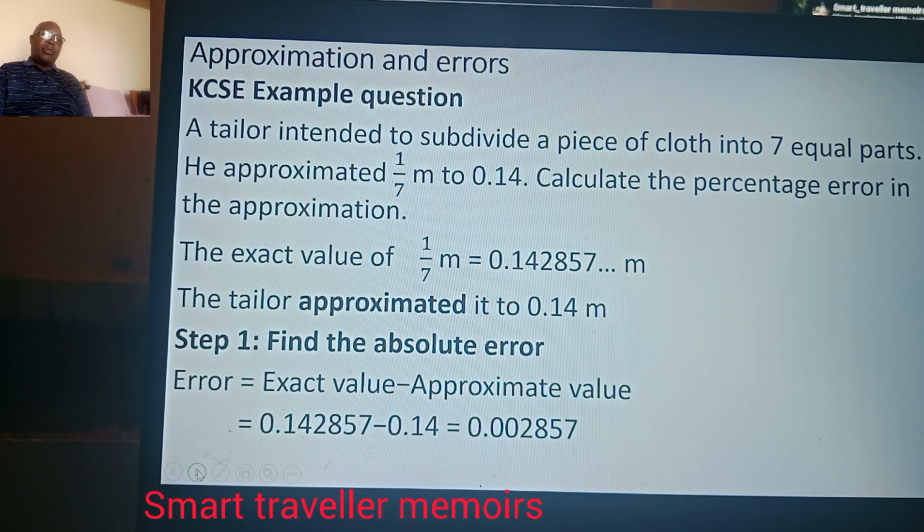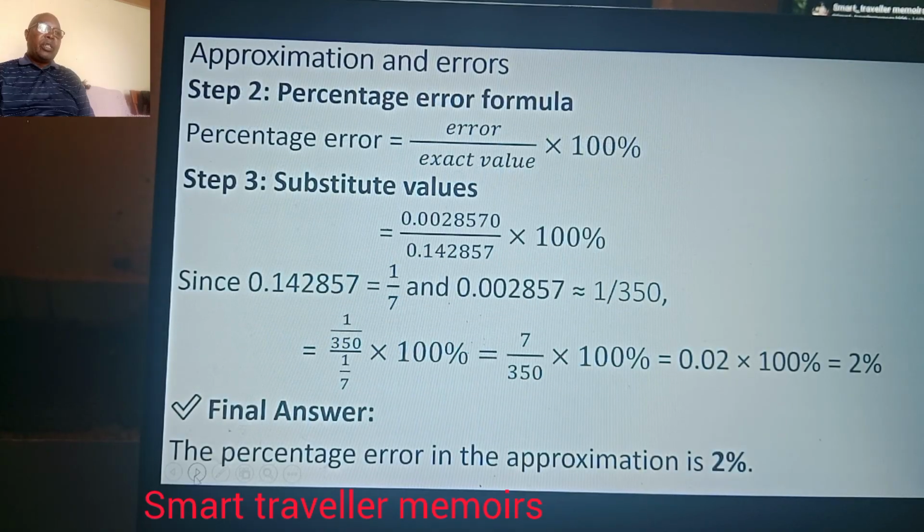So let's proceed. Step 1, find the absolute error. Error is equal to exact value minus approximate value, which is 0.142857 minus 0.14 gives you 0.002857.